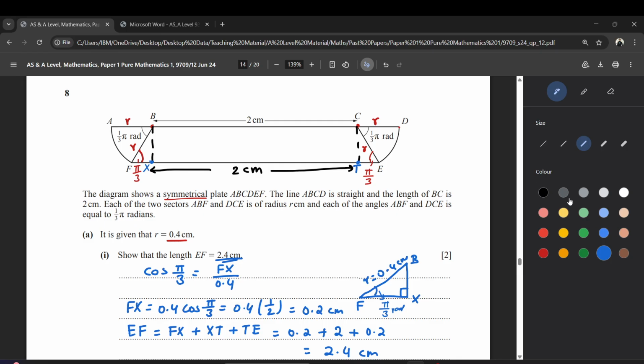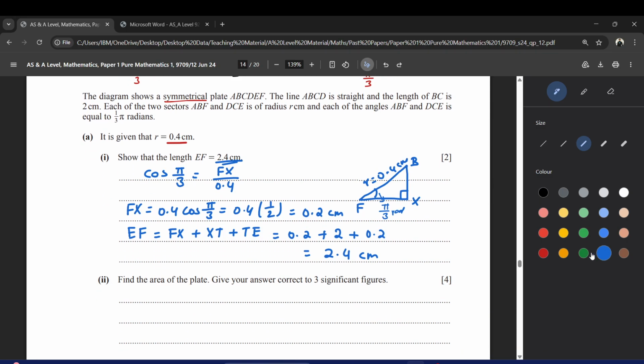You have this sector, then a second sector, definitely because they're identical, so they're going to have the same area, and then you're going to have this whole trapezium starting from this point. All of this.